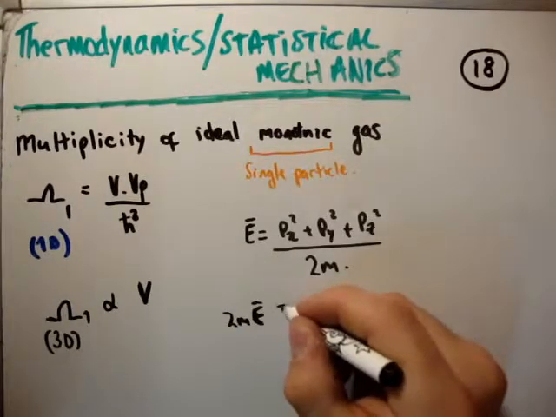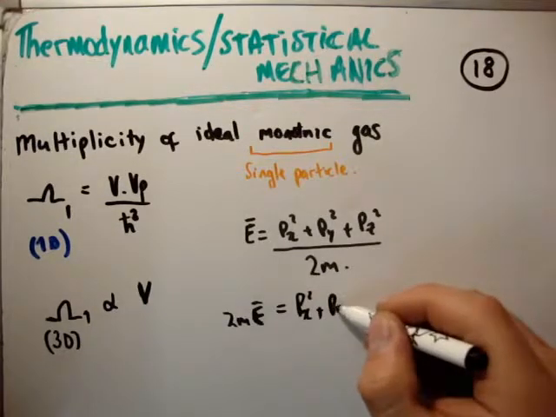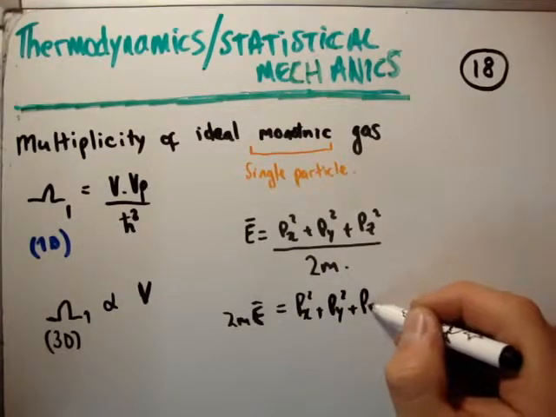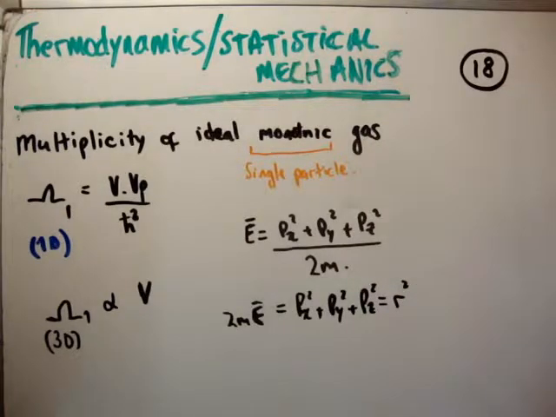So that's going to be equal to p sub x squared plus p sub y squared plus p sub z squared. But that really is just another placeholder, r squared, and that's just the equation of a sphere, where the radius of the sphere is the square root of p sub x squared plus p sub y squared plus p sub z squared.